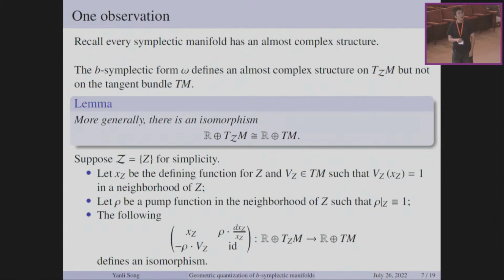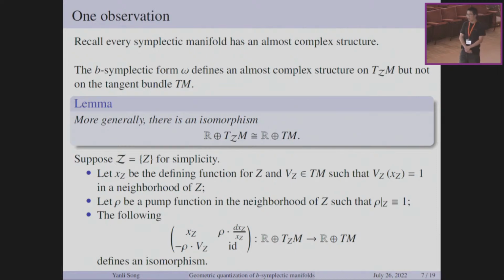Every symplectic manifold has an almost complex structure, so that we can quantize it as the index of some operator. But in the b-symplectic setting, there's no such almost complex structure. It has an almost complex structure only on the b-tangent bundle, but not on the tangent bundle. So that will be an issue here.